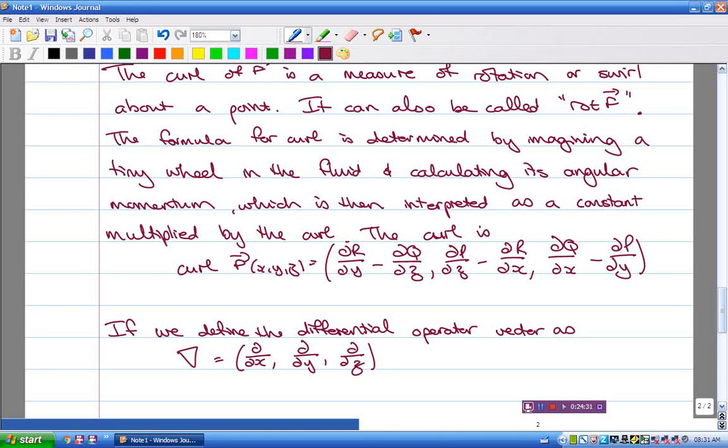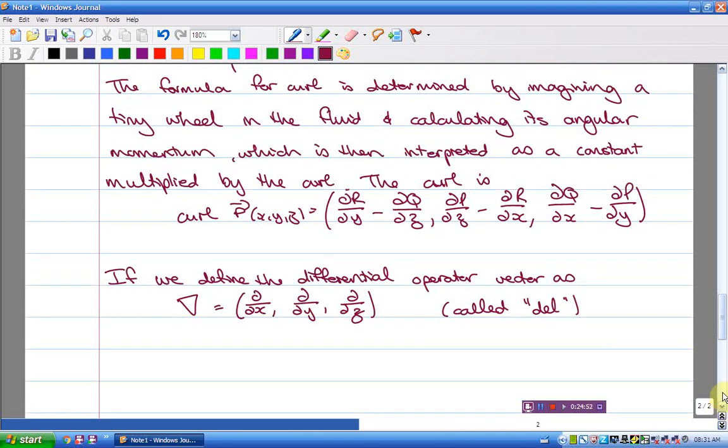It exists in order to act on things. Like the word log. Log is nothing by itself. It has to be log of something. Cos of something. d/dx of something. Okay, so those are operators. And we call this thing del.